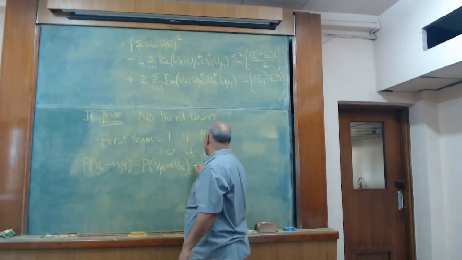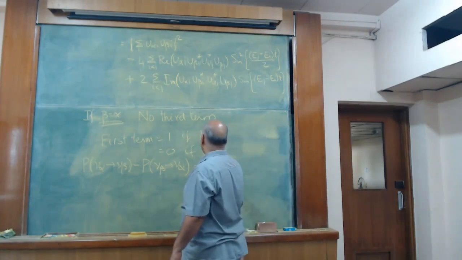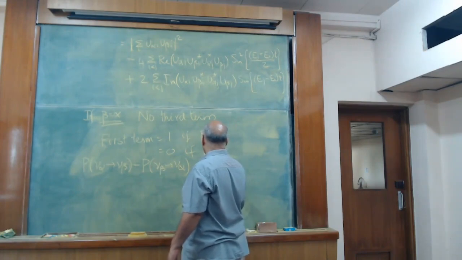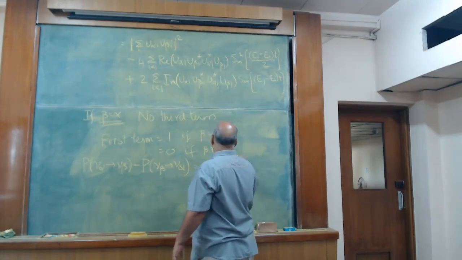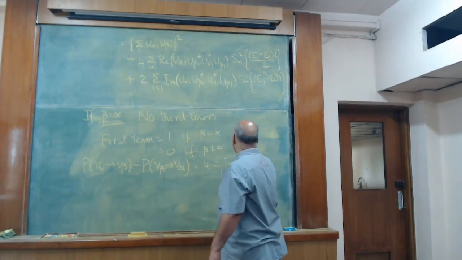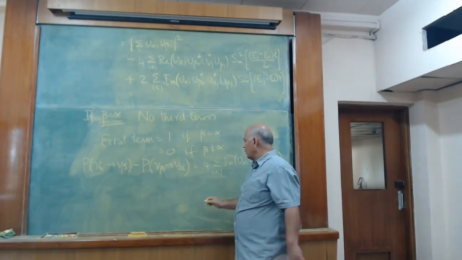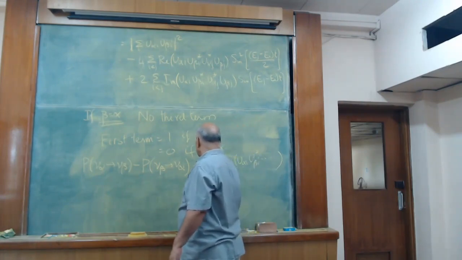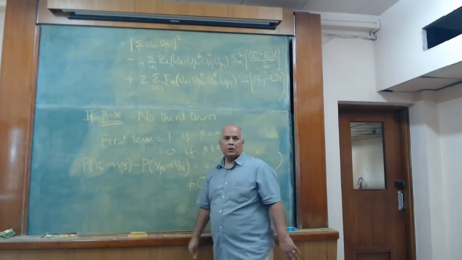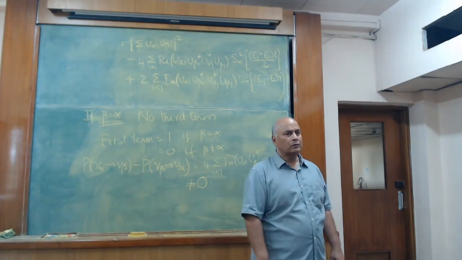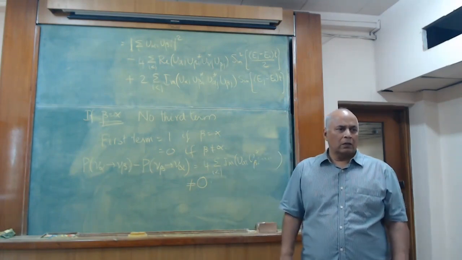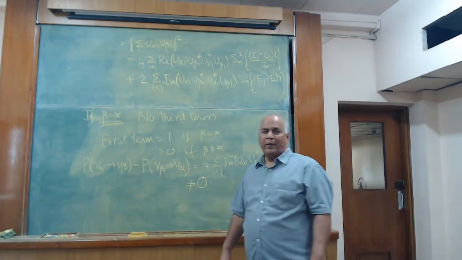So this will be 4 times imaginary u alpha i u beta i star, and it is not 0. So physically, what does it mean?